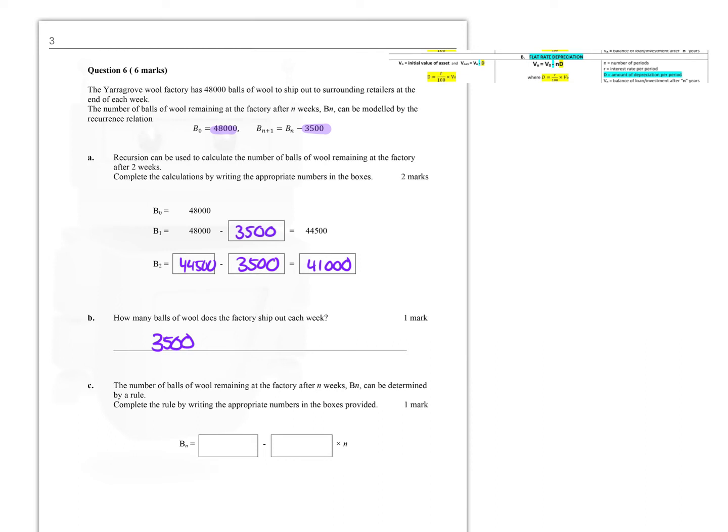And the number of balls of wool remaining in the factory after n weeks. So when they ask that can be determined after n weeks, they want the nth term formula, which is this one. It's not exactly flat rate, but when you're minusing the same amount every time, can you see how flat rate has that minus? It's always the same amount taking away.